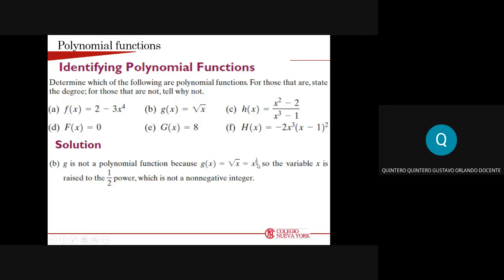But we need those exponents to be natural numbers: 1, 2, 3, 4, 5, 6, all of those. Even 0 works. But if we have an exponent that is a fraction or a decimal number, then that doesn't work. So g is not a polynomial function. For all the people who said yes, now you learned something new.